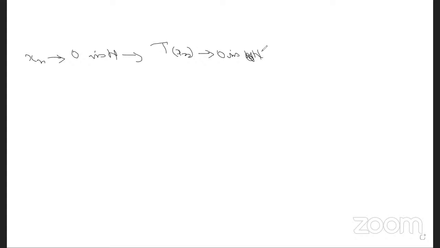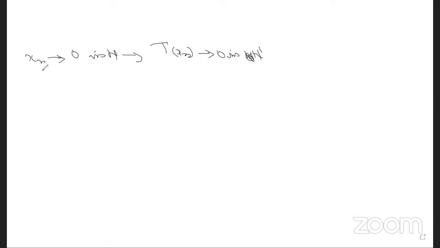Here N is a normal linear space and N dash is another normal linear space.